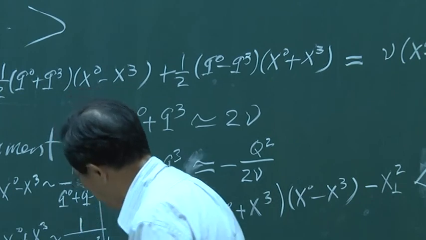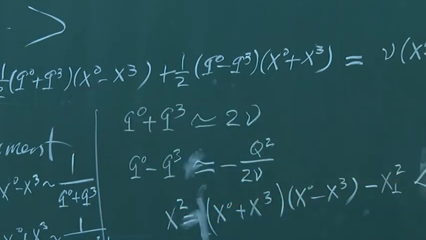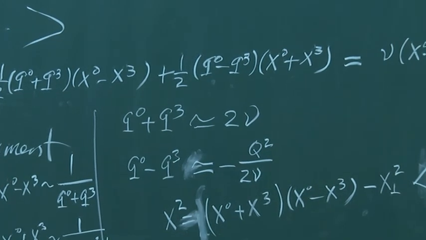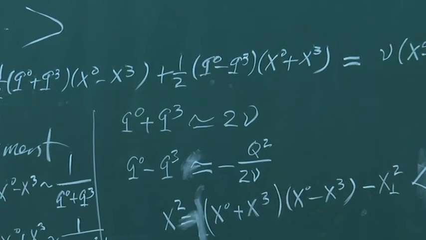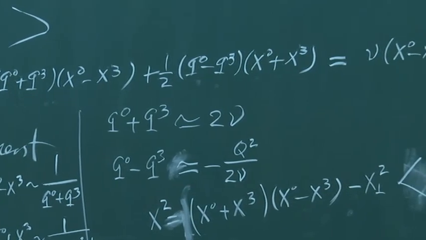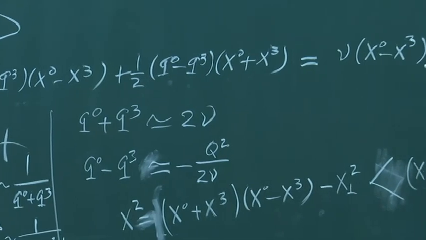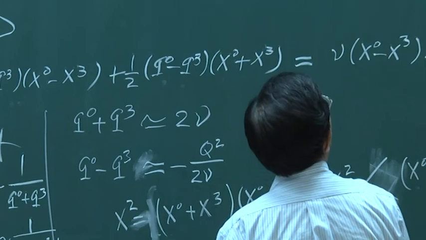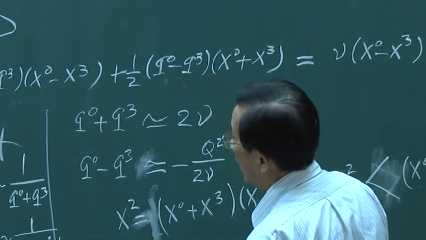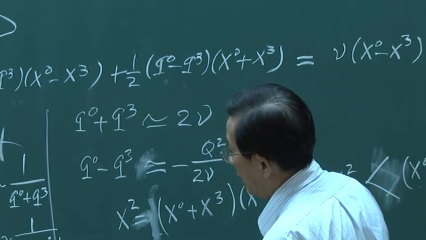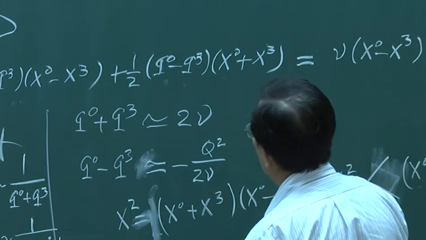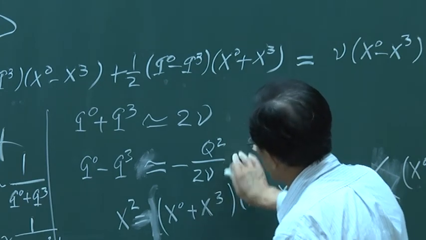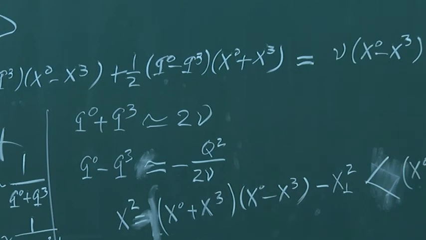I might have to give an absolute value or something. Then this equals Q0 minus Q3. What did I get? Q0 minus Q3. Didn't I write something up? Oh, here. I was looking for it. Okay.